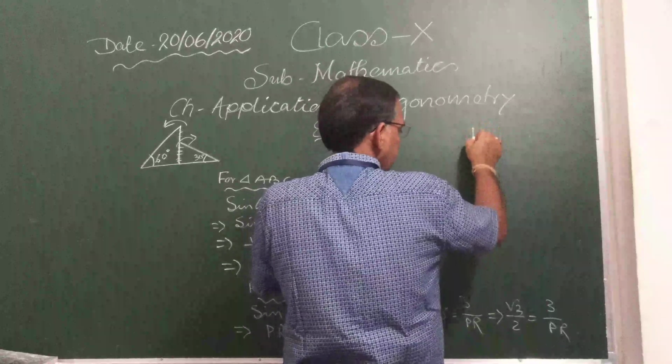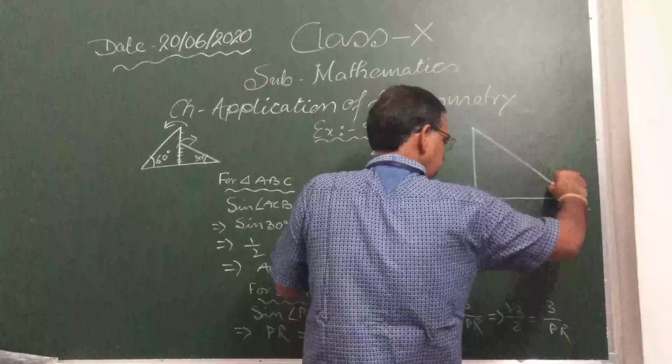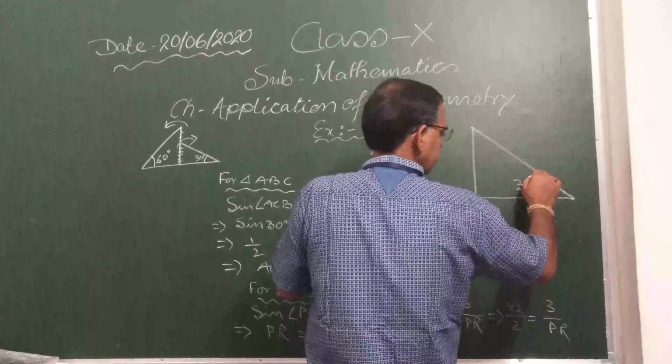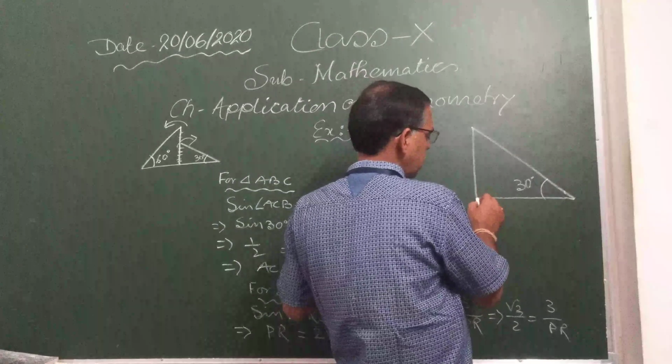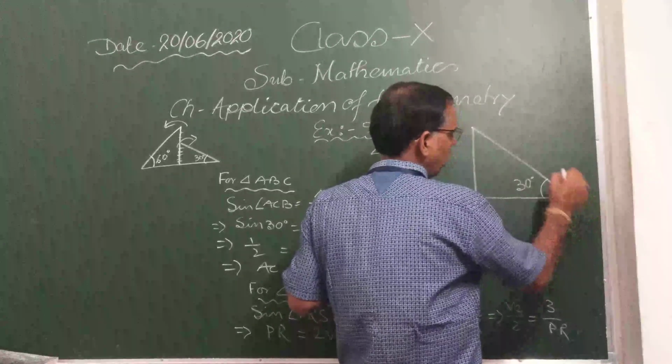So please draw the diagram. Angle of elevation given 30 degree. This is the foot of the tower, from here you are looking.